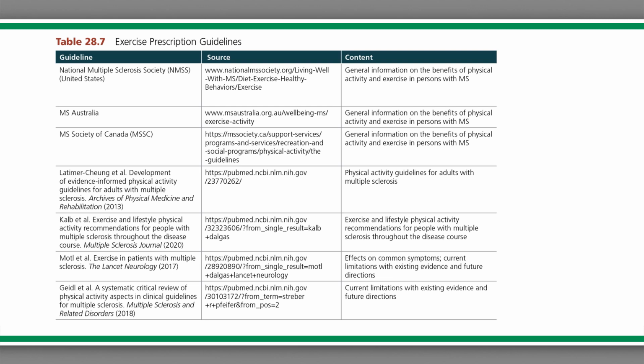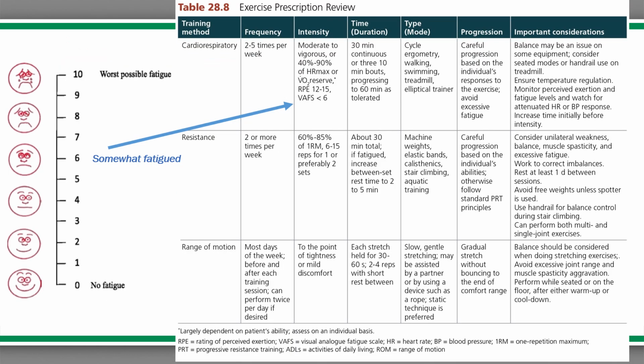There's a list of many resources where you can get some good examples of exercise recommendations. The American College of Sports Medicine has a nice table in your guidelines, which is much more simplified. I provided the visual analog fatigue scale, which looks just like your Omni scale.